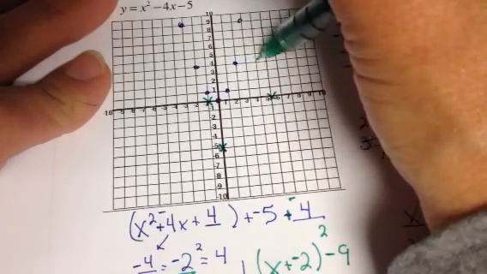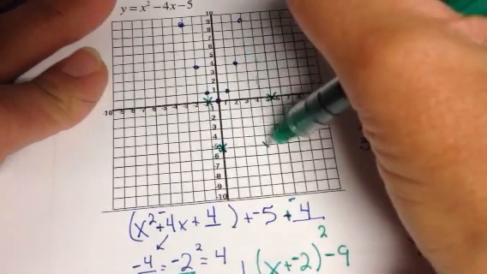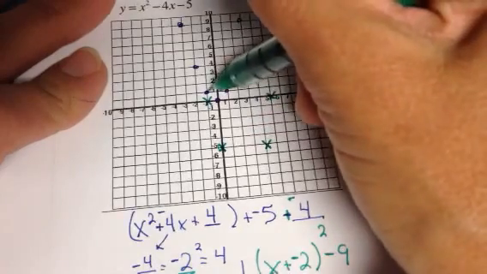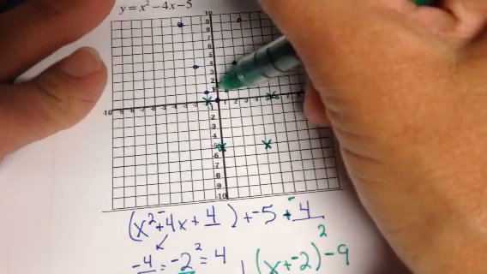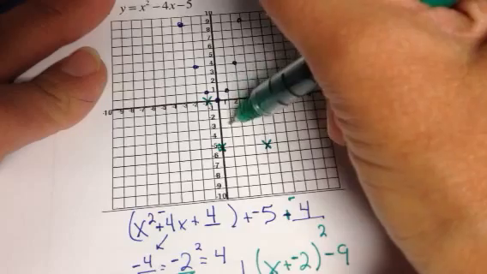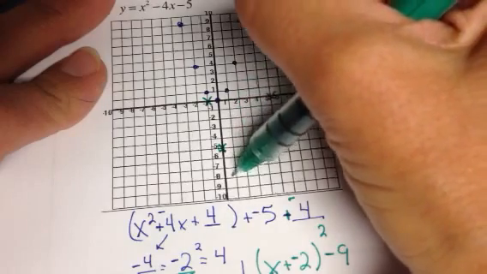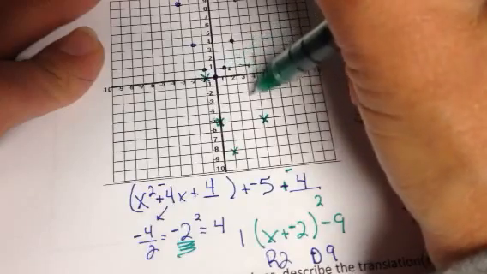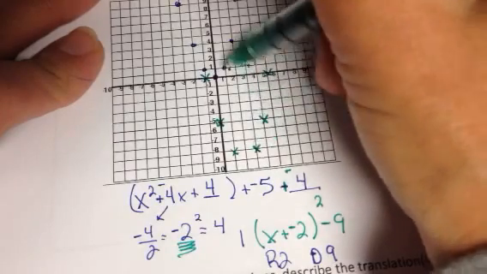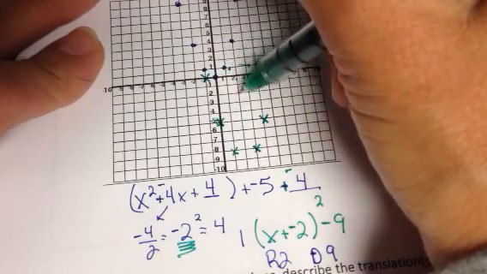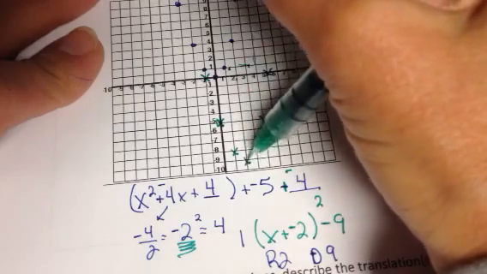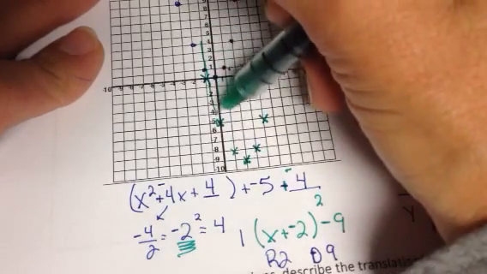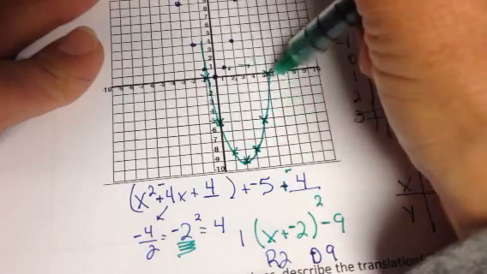This one's going to go right 2 and down 9. This point's going to go right 2 and down 9: 1, 2, 3, 4, 5, 6, 7, 8, 9. This one's going to go right 2, down 9. And then finally my vertex, right 2, down 9. And then you get your new U.